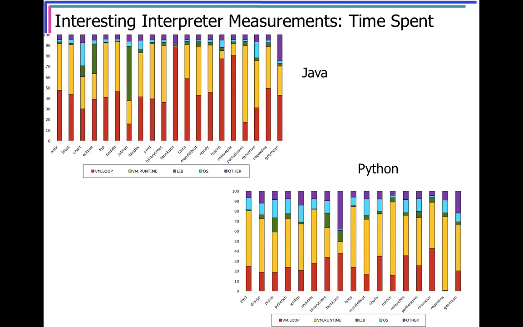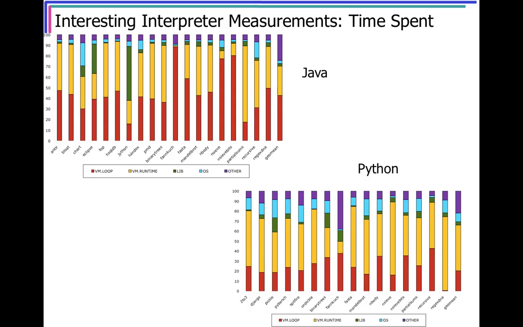This is the effort made by the garbage collector and by other runtime data structure accesses required to implement some of the instructions. Above that are the library calls out to library routines. Above that are the operating system calls to do I/O and other things. And then above that is everything else.